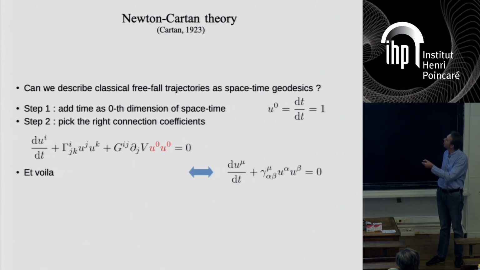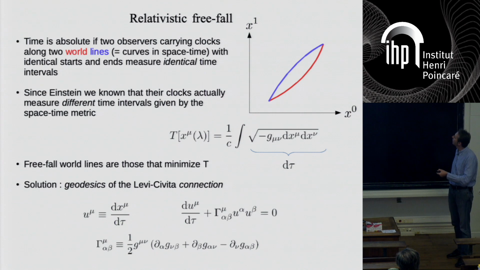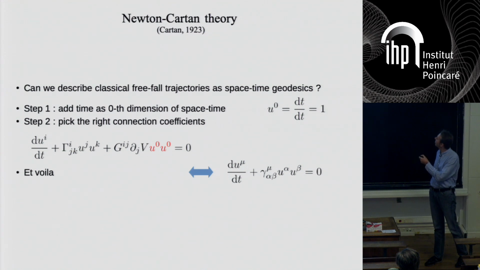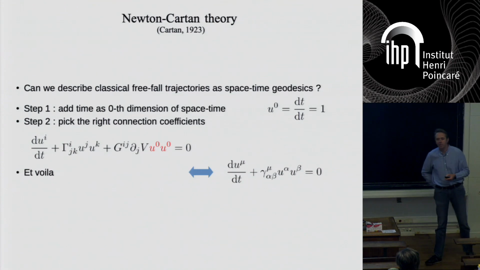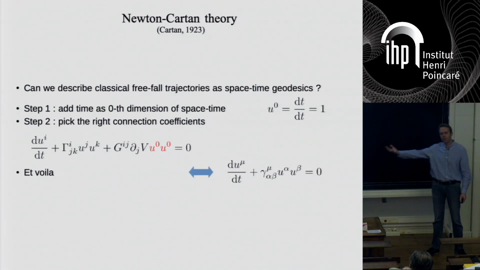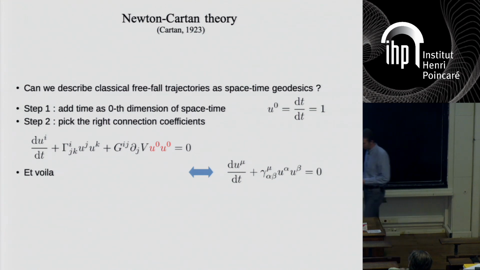And now this whole term is bilinear in the velocity. Okay? So it has the form that we have here. So you can define a metric, small gamma, which is now in space-time, a connection in space-time, for which the free fall trajectories are geodesics.